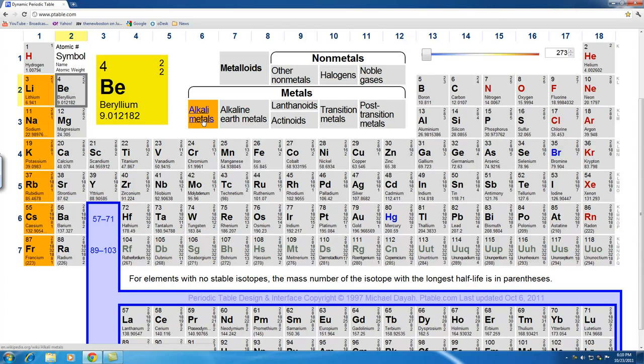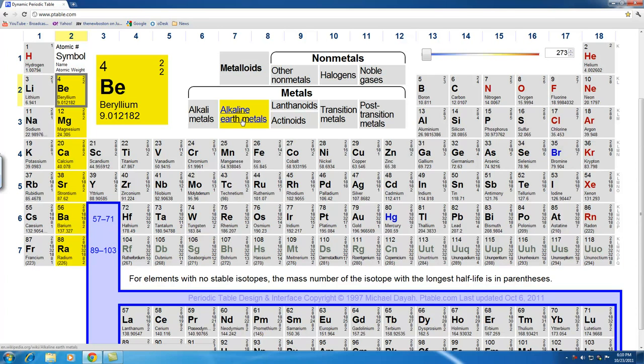So again, just remember that in the first family, they always have one valence electron, and in chemical reactions, it usually loses that electron. Family number one goes by the name of alkali metals.